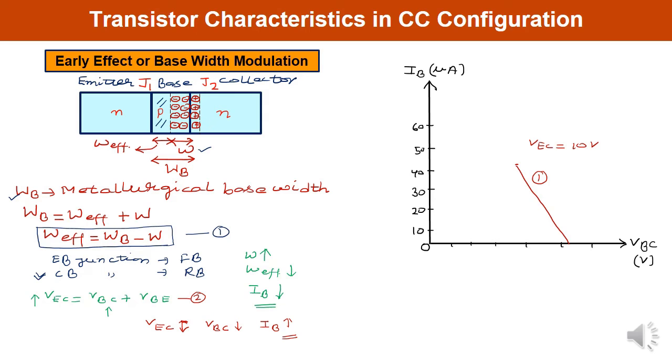But when you are decreasing the value of VEC, IB will increase. So let us take another case when VEC is equal to 5 volt, IB will increase. It means now the curve will be shifted towards the left. Again, this is curve number 2. If you increase the value of VEC, like 20 volt, then the curve will be shifted towards the right, on the right hand side of curve number 1. So this is how you can plot it.